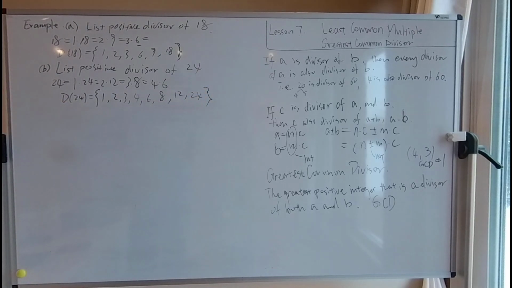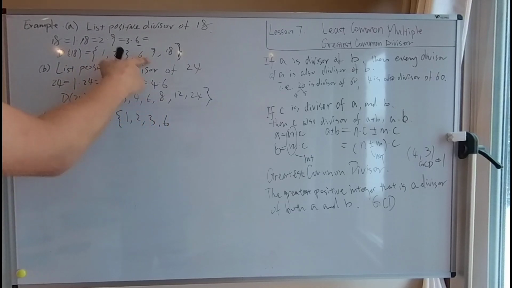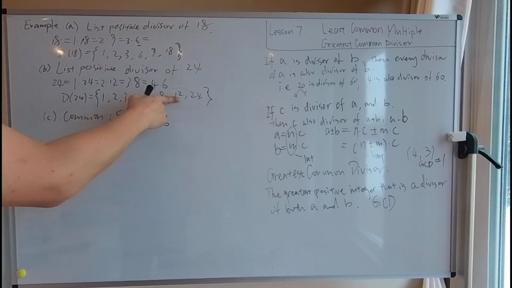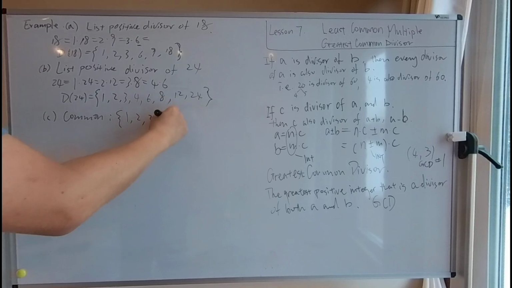So here are all the positive divisors of these two numbers, 18 and 24. And if we just observe the common ones from these two lists, we'll mark them down one by one. 1 is in common, 2 is in common, 3 is in common, 4 is not, 6 is in common, 8 is not, 9 not, 12 not, 18 not, 24 not.